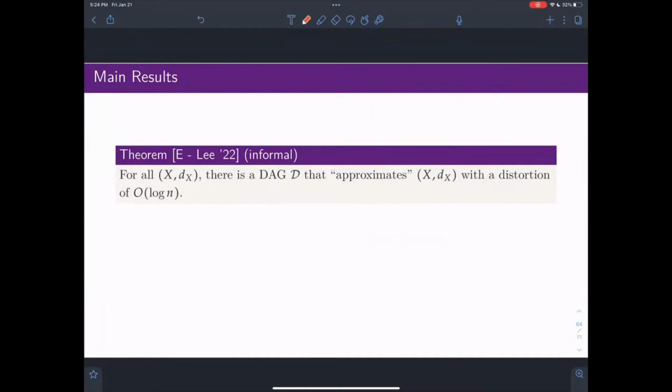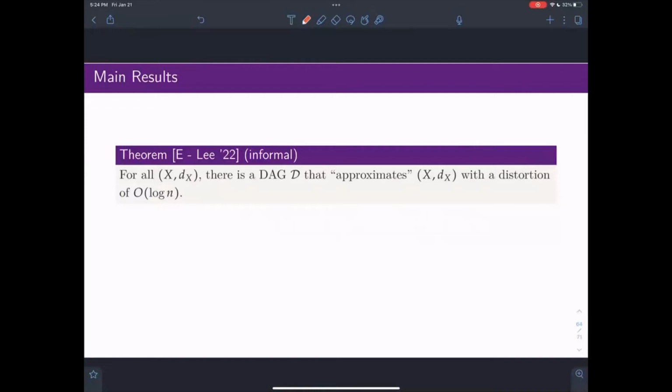Roughly speaking, although this DAG contains all the important HST embeddings for this metric, in order for the algorithm to switch between these representations, it will still need to pay a lot of cost, and that is not something that we can bound nicely.